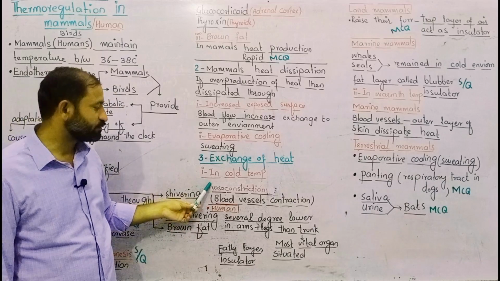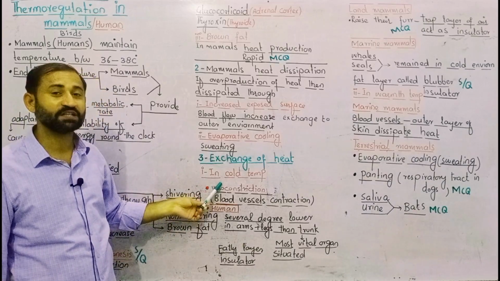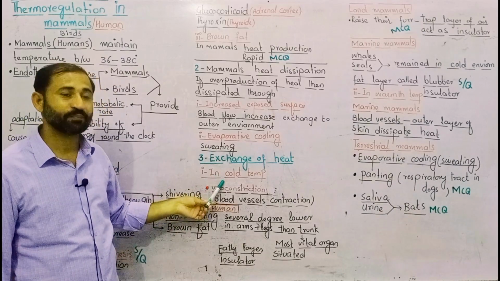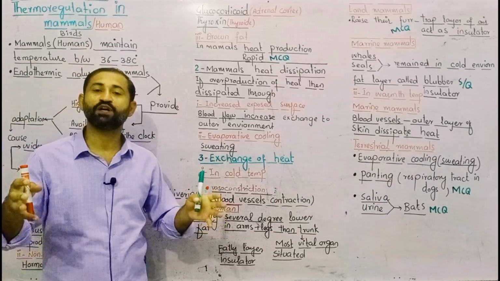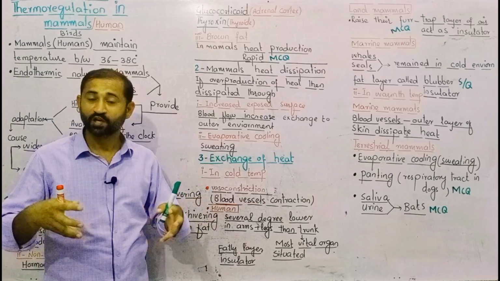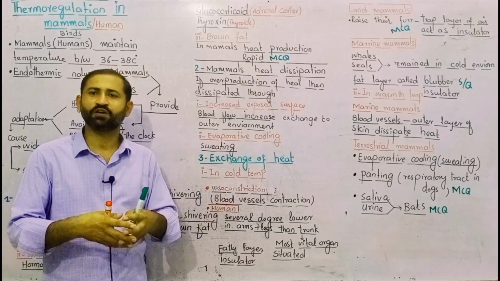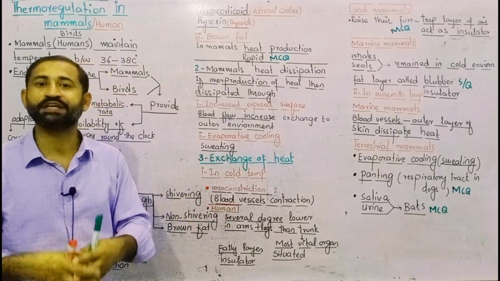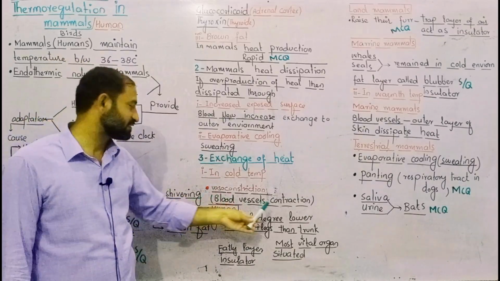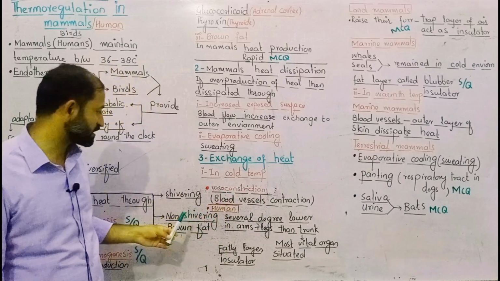In cool temperature, vasoconstriction, not vasodilation, occurs. Only vasoconstriction occurs. Vasoconstriction means blood vessels in our body become constricted, not dilated, so that they conserve body heat. So blood vessel contraction, or vasoconstriction.